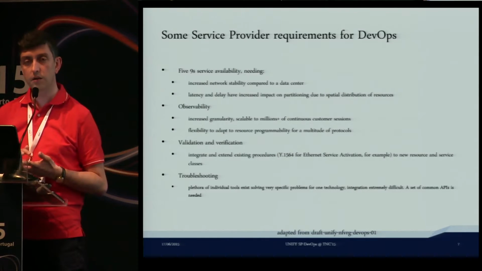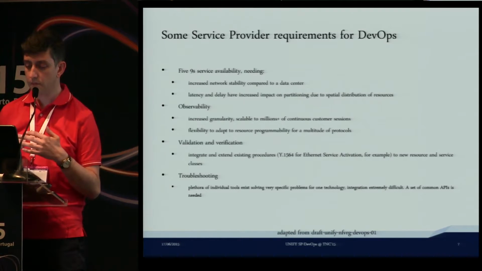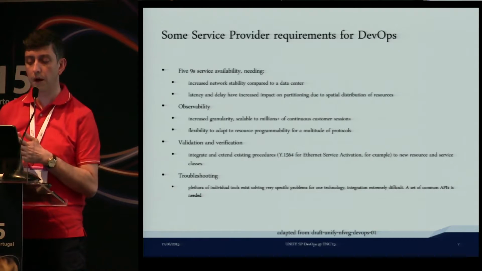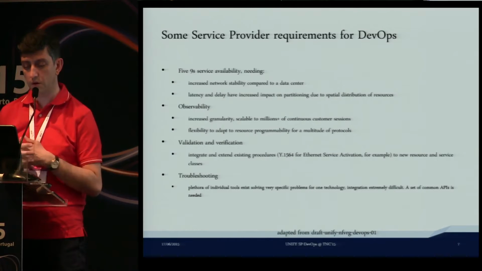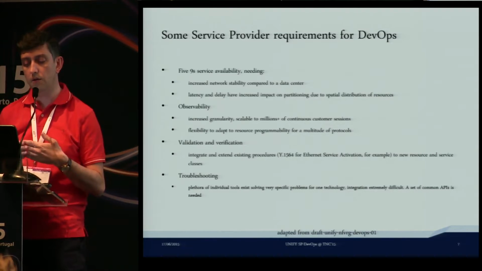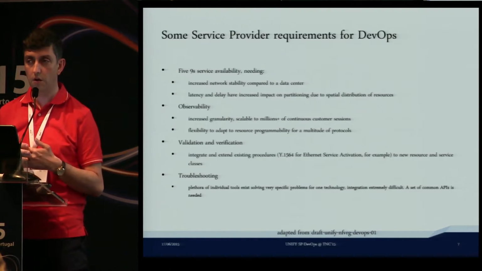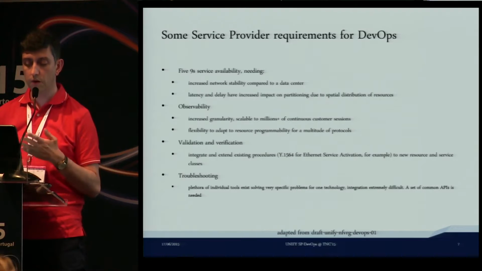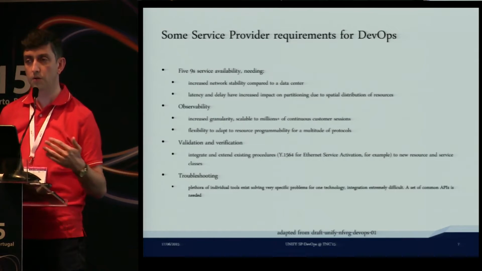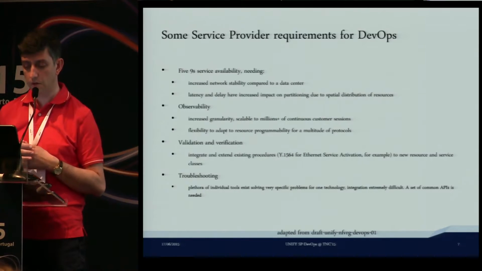We also see that latency and delays in telecom operator networks, when we take into account all the access part of the network, have a different impact on partitioning properties of protocols due to the spatial distribution of resources. When it comes to observability, we need increased granularity and scalability to millions and millions of continuous customer sessions along that infrastructure. And we need flexibility to adapt to resource programmability for a multitude of protocols. It's not only one type of protocol that is being transmitted on those networks.